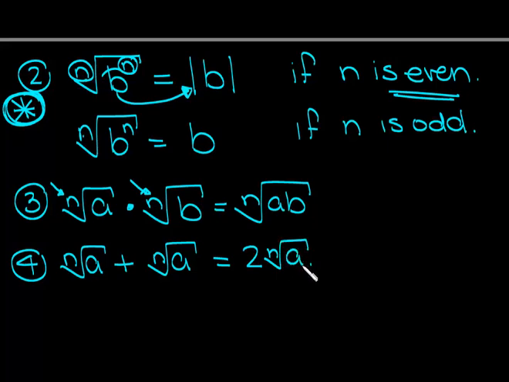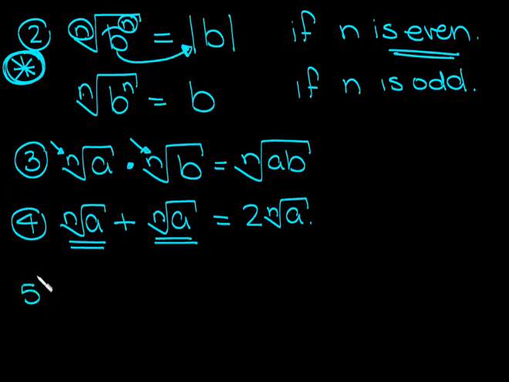We get 2 times the nth root of a. So if you're adding radicals and they're exactly identical with the same index and the same inside, then we basically just add them and get 2 of those. For example, if this was a 3, then we get 4 of them, because we have 3 here and 1 here, so we would end up with 4. That's another property of radicals.